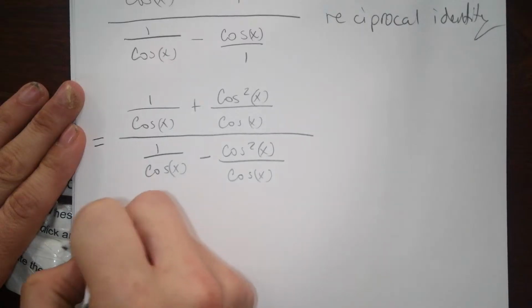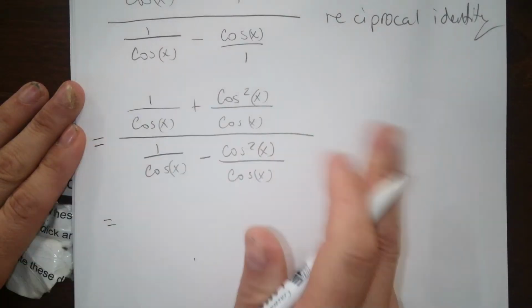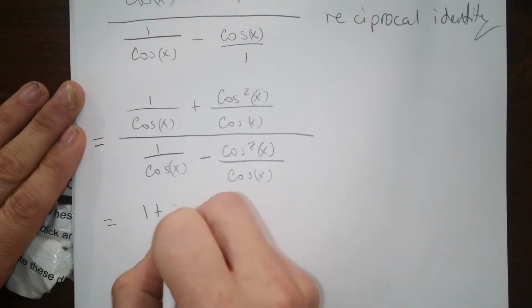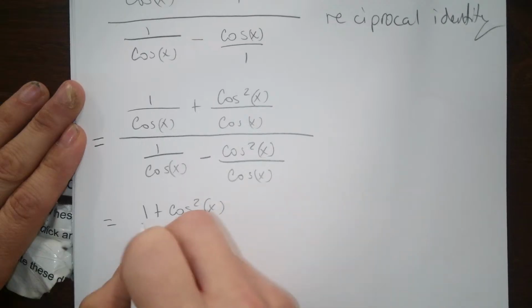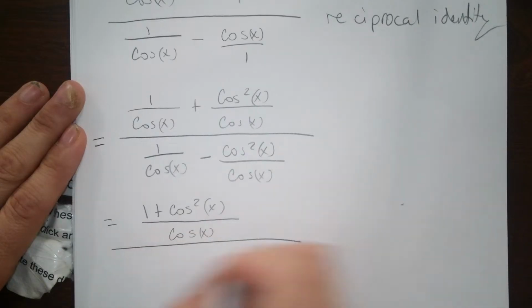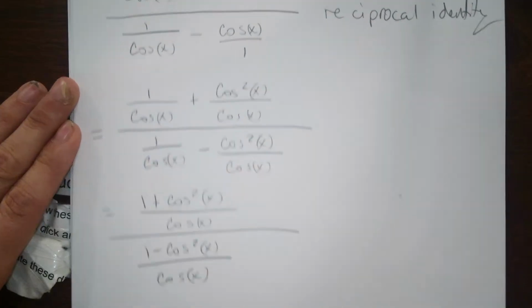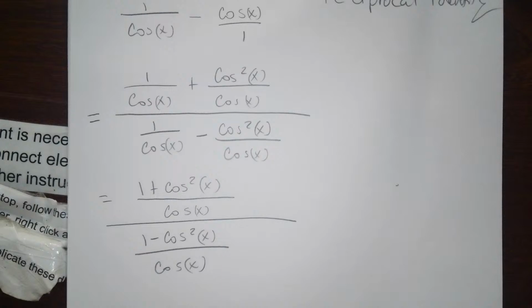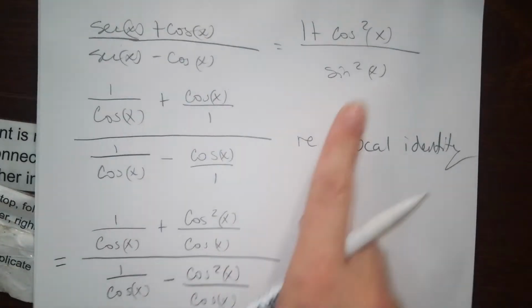All right, so now I have common denominators. So I have 1 plus cosine squared of x over cosine of x, over 1 minus cosine squared of x over cosine of x. Has this gotten me closer to where I'm trying to go? Yeah, absolutely, right? I already have the 1 plus cosine squared that I need.